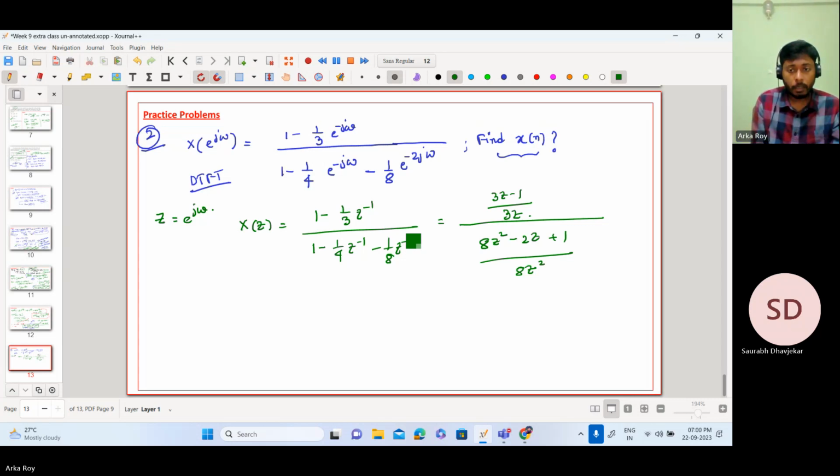Okay. So 1z will be cancelled and it will be X of z equals 3z minus 1 divided by 8z squared minus 2z plus 1, and there will be a factor 8 upon 3, and there will be z over here.